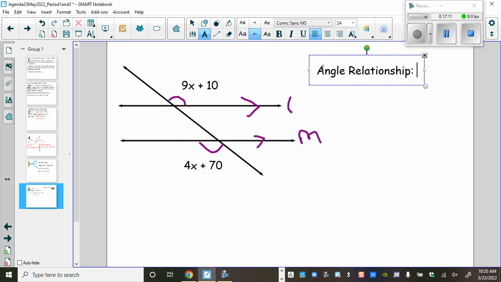What's our angle relationship here? Okay, Edwin, you have to take that out of your ear. What type of angle relationship is this? Okay, you're on the right track. What type of exterior? Begins with an A. Alternate exterior angles. There you go.